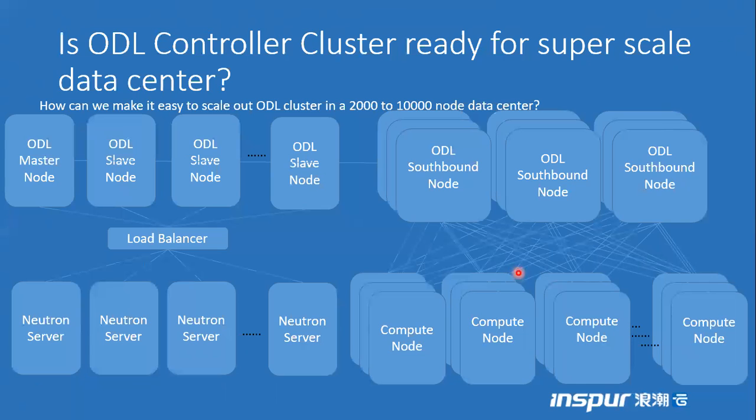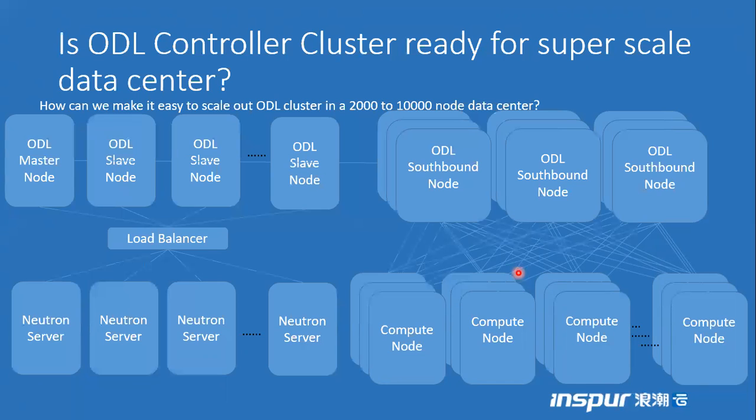So currently the ODL controller cluster is not ready for a super scale data center. I am trying to design a new cluster way to handle this situation. In OpenStack, we have some neutron servers and many compute nodes, right?